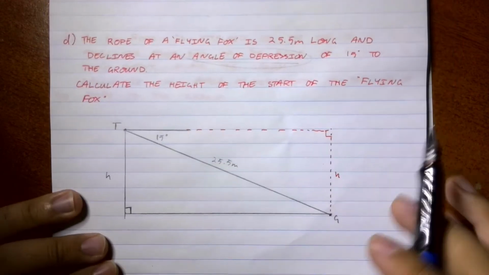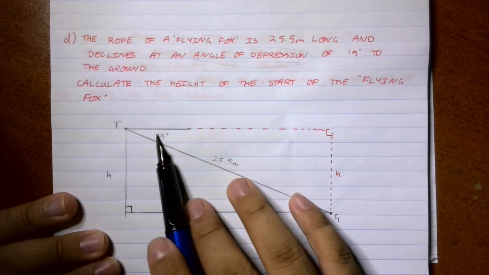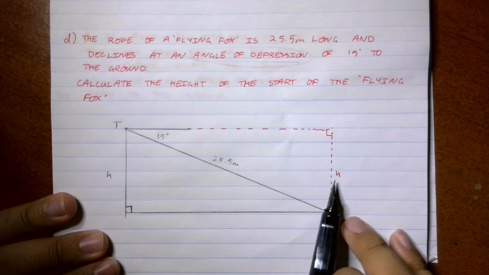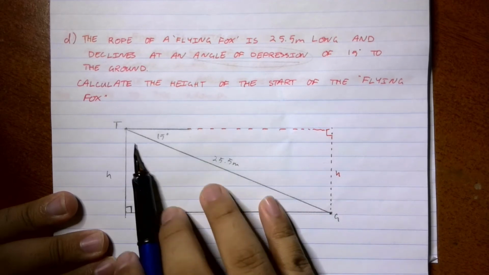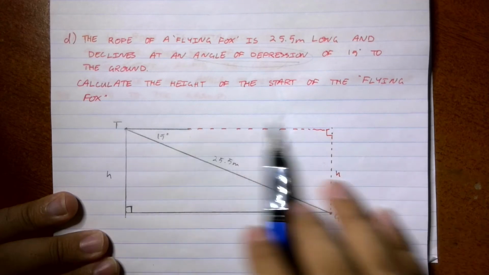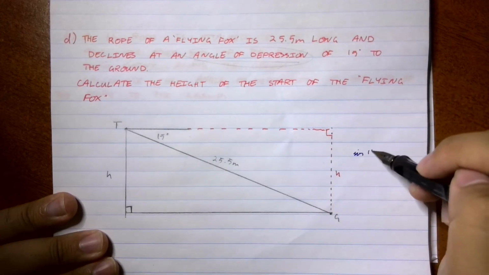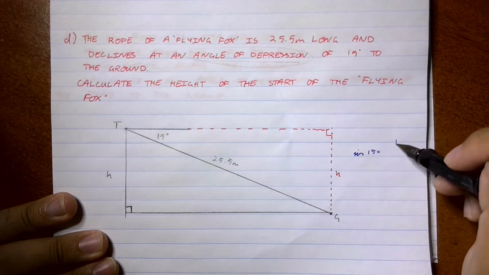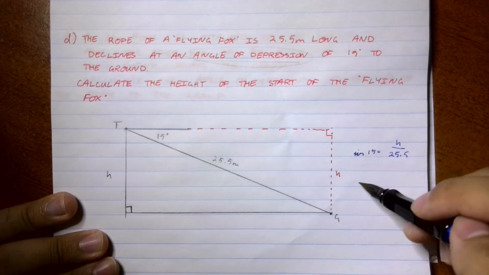Here we go. So this angle's on the inside of the triangle. So from this angle, we have H as opposite and 25.5 as the hypotenuse of this right angle triangle. So we have to use sine. Sine 15 is equal to H over 25.5.